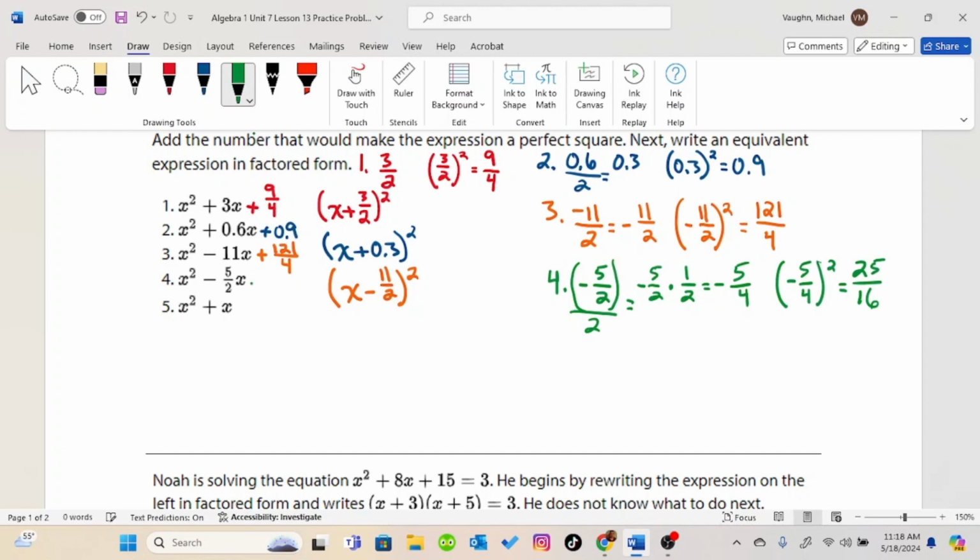So the number that we're going to add is the 25 over 16. But when we write it as factored form, it'll be x minus 5 fourths squared.